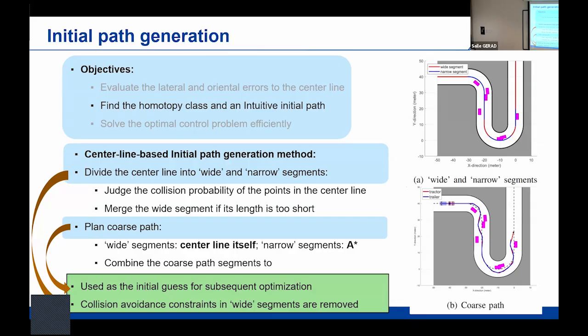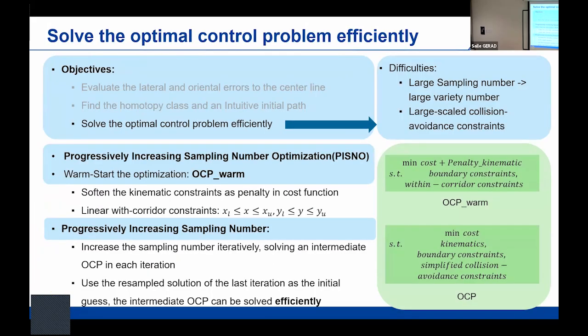But when it's narrow, you have to put in the constraints, which gives a bit more efficiency. When we plan a coarse path, the wide segment is the center line itself, and then we combine the coarse path segments and use them as the initial guess for the subsequent optimization.